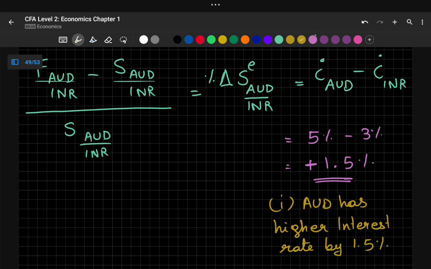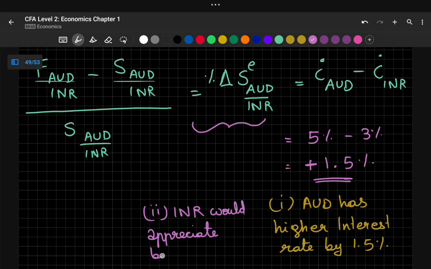Now the second point, from this side of the equation, INR would appreciate by 1.5%. It would mean that since AUD has a higher interest rate, the domestic currency INR would appreciate by 1.5%.